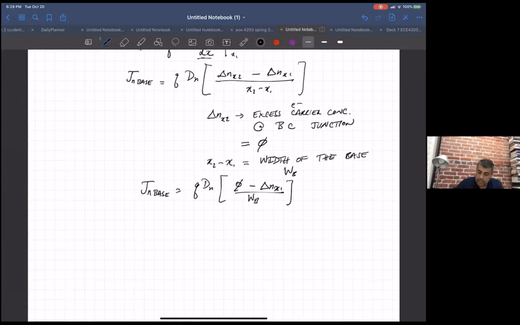And if I want to say what my current is, I would multiply the current density J by the area of the emitter, so A sub E.